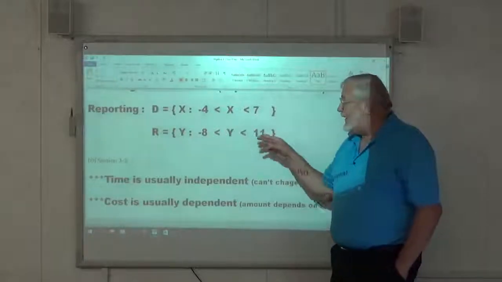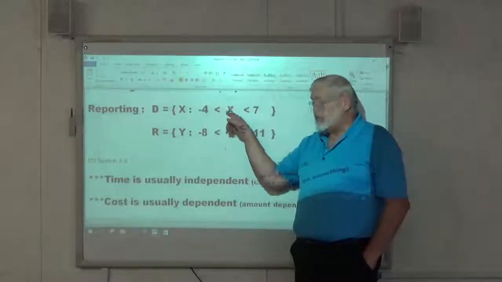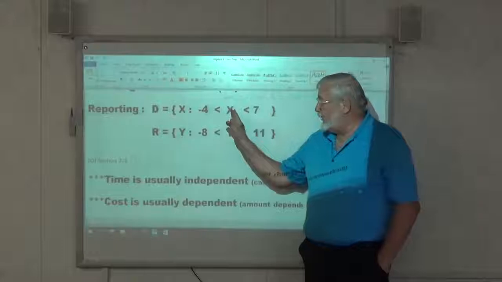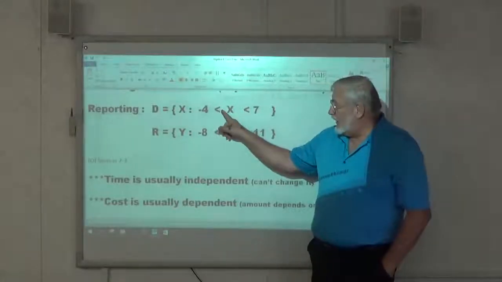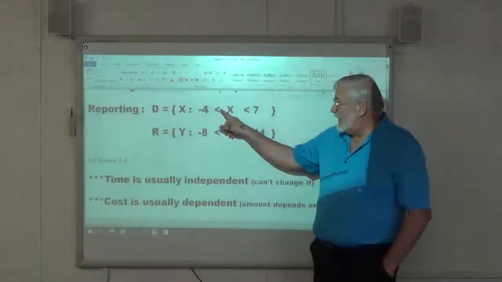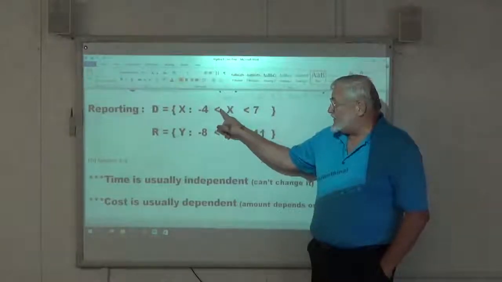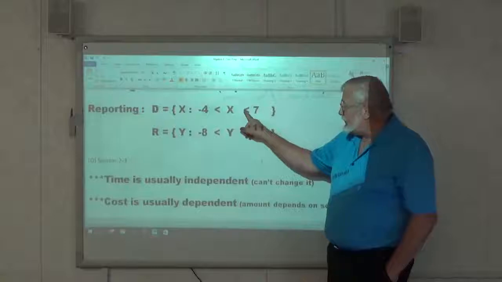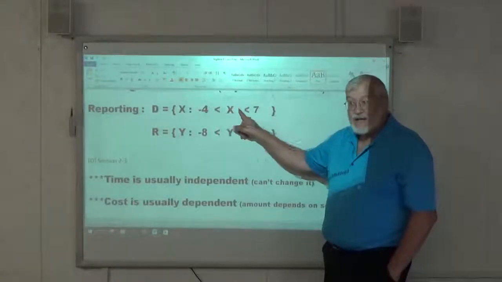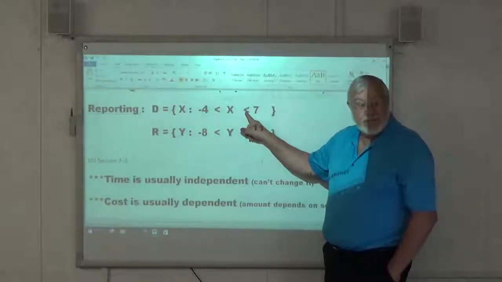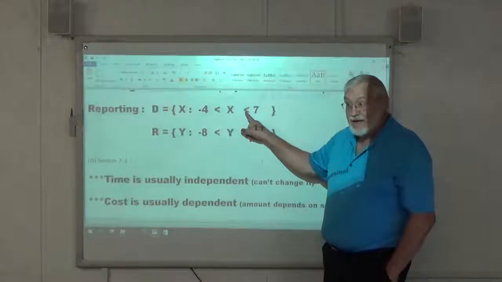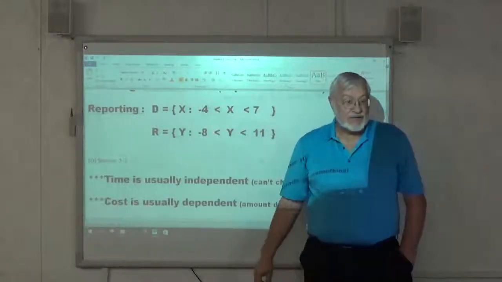And even if these signs are switched, if you read it from the center, what I do is, if the big end is pointing toward the x, x is bigger. If the small end is pointing to the x, x is less. See that? So you can read it from either direction.